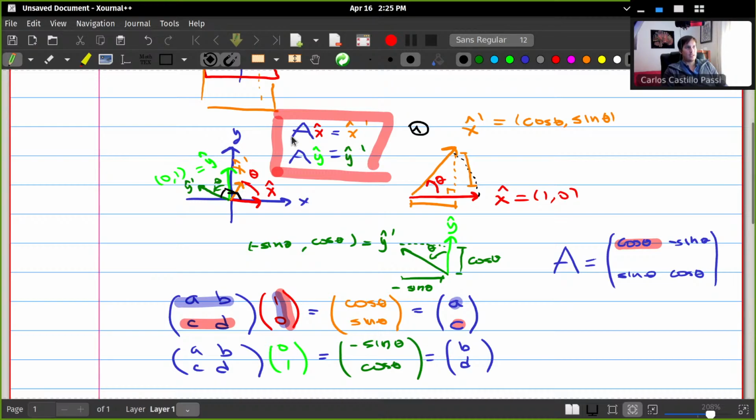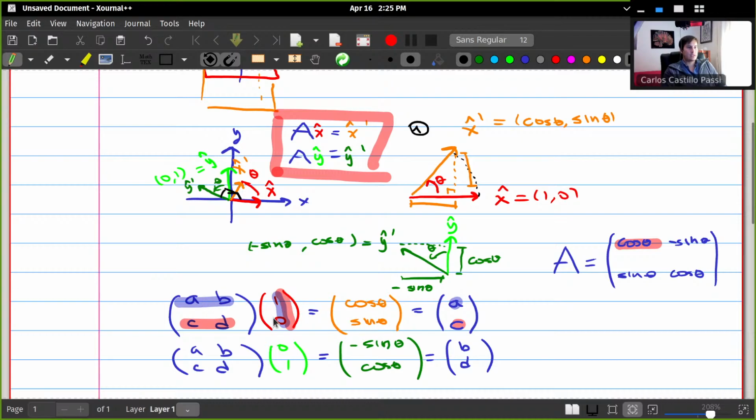Let's remember that A is simply A, B, C, D, or any numbers in a 2x2 matrix that after applied to the x or 1, 0 resulted in cosine and sine.